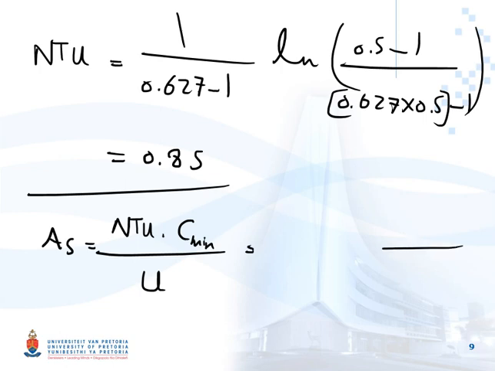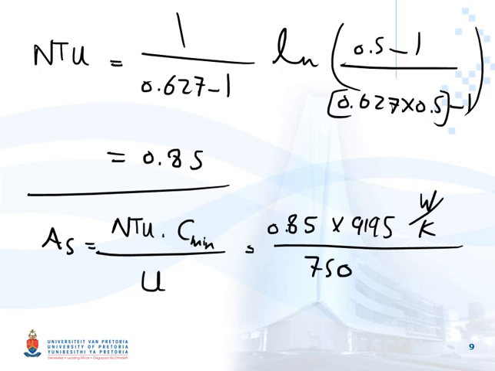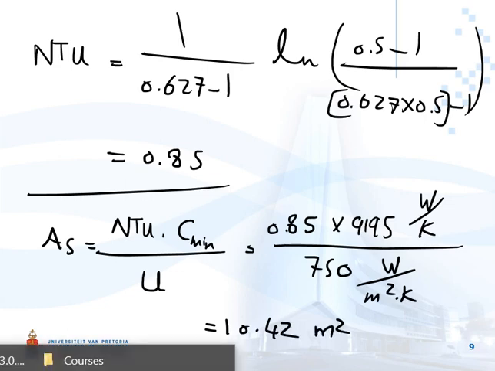So basically it will be 0.85 multiplied by 9195 watt per Kelvin divided by 750 watt per square meter Kelvin. The answer will be 10.42 square meter.